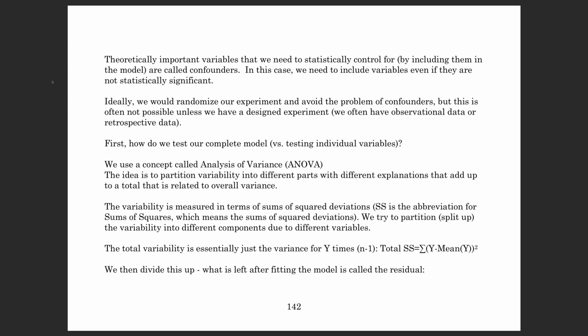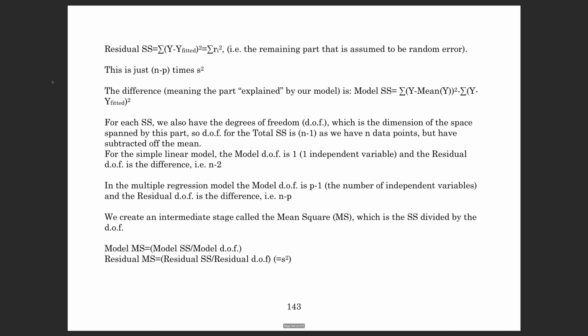So after we've fitted the complete model, we end up with a little bit left over. That's what we call the residual. So the residual sum of squares is just the sum of squared deviations of the y's from our fitted y's. So that's just the sum of our squared residuals, the same as in our simple linear regression model. So this is just n minus p times s squared.